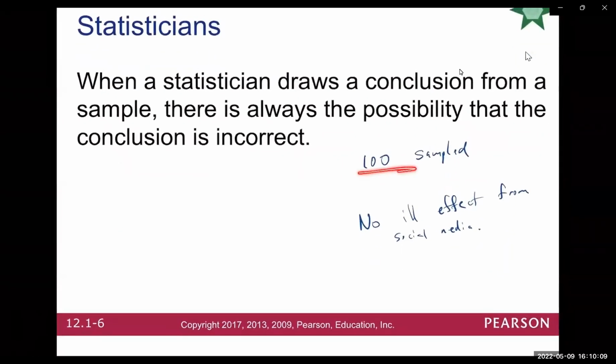So maybe this is not a large enough sample. Maybe you have to get 1,000 or 10,000 or something larger. So sometimes you won't always get the correct conclusion. Most of the time it might be because the sample is too small, or because you didn't gather the data in a good way.